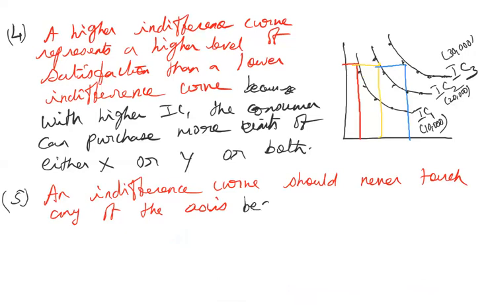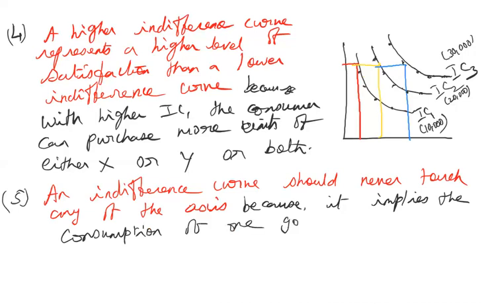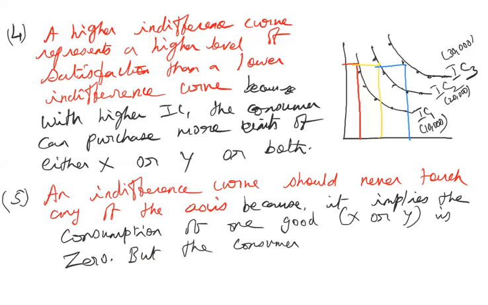Because it implies the consumption of one good, x or y, is 0, but the consumer prefers the combination of both goods.